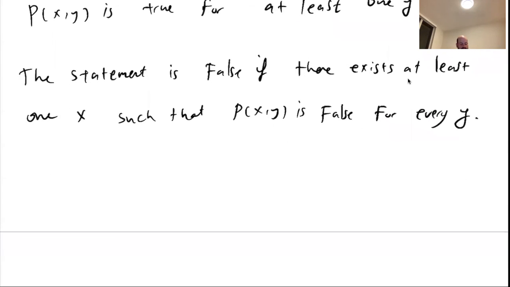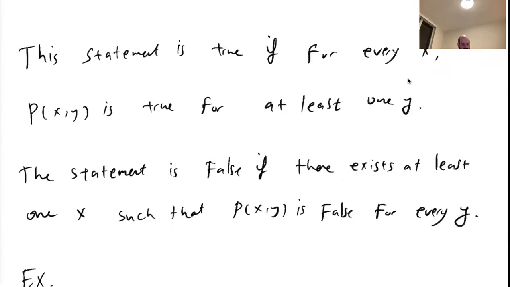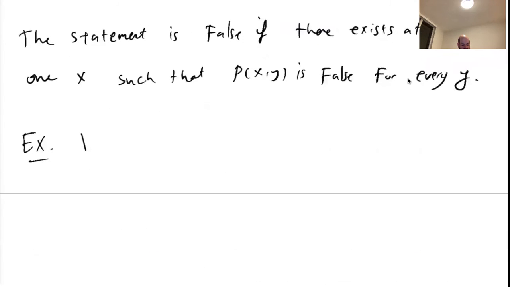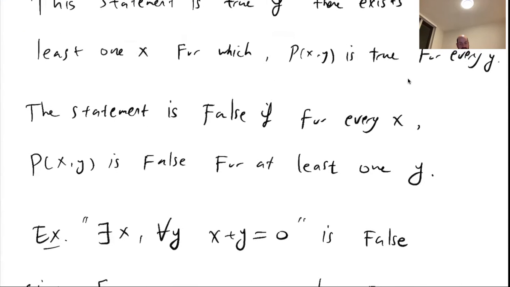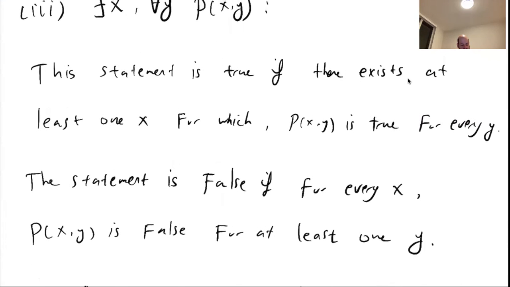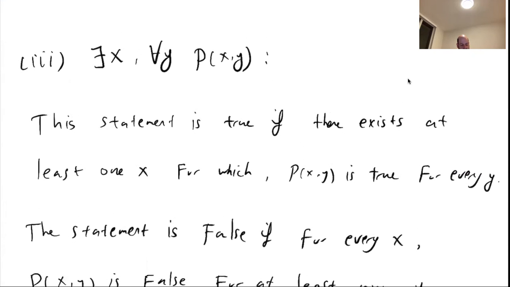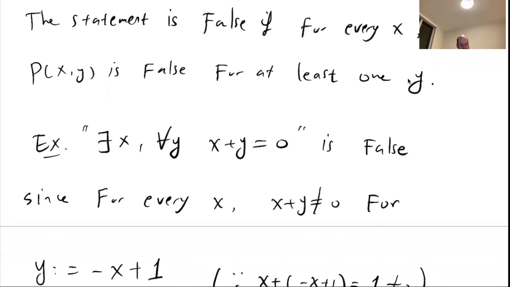So let's look at a mathematical example again. For each x, there exists y such that x plus y equals 0. Please remember the previous case, which looked at least similar to this, but the concept was different: there exists x for each y, x plus y equals 0.